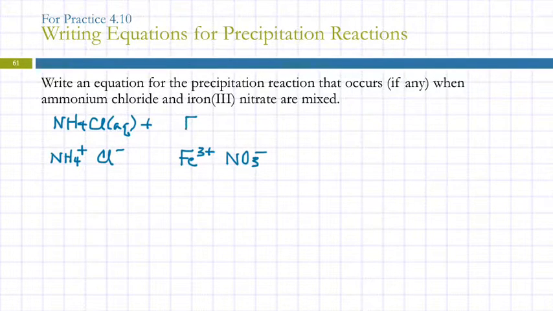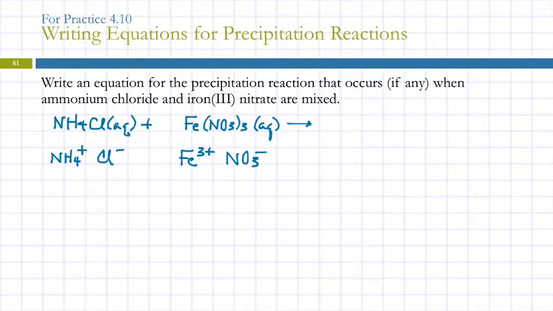So I'm going to have Fe(NO3)3. I put parentheses around the nitrate because it's a polyatomic ion, and I'm going to have more than one. I've got 3 of them, so I need parentheses. If you have a monatomic ion and you have more than one, you do not use parentheses. Is this soluble or insoluble? Soluble. All nitrate compounds are soluble, no exceptions.